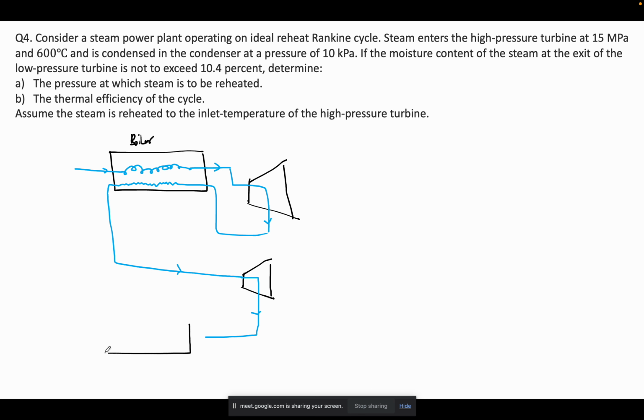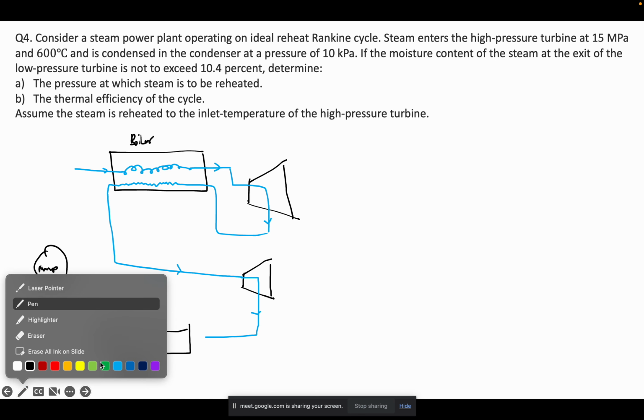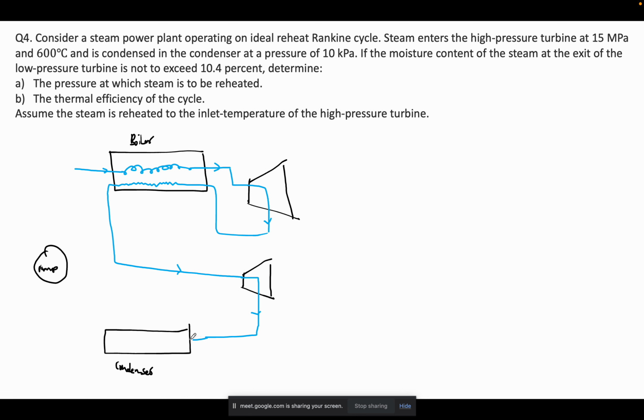This is the condenser, then there will be a pump, which will carry it back to the initial boiler pressure. Is it clear? So what it does is basically expand to a certain pressure level.